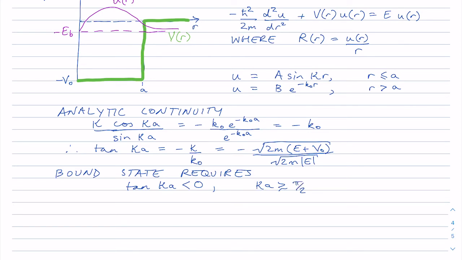Otherwise it's not going to be negative. So this is a little aside to remind us of when a bound state will appear in the three-dimensional square well.